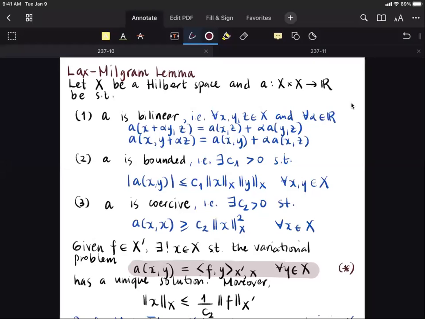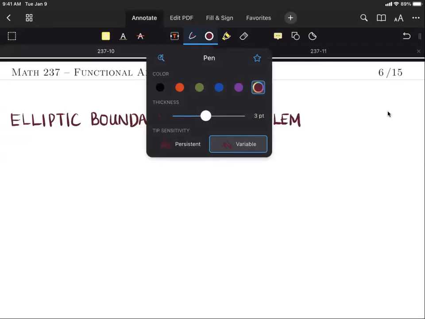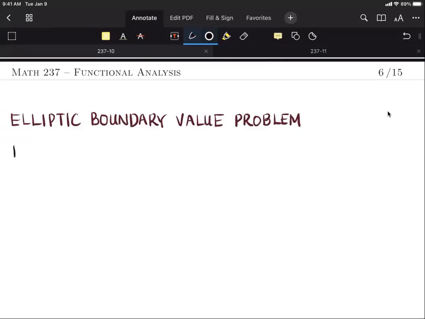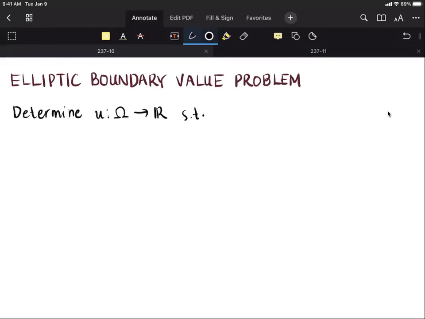So as an example of an application of this Lax-Milgram lemma, we consider an elliptic boundary value problem, namely a stationary heat source problem. So here, our goal is to determine a function u defined on some set omega, taking values in R, satisfying the following partial differential equation.